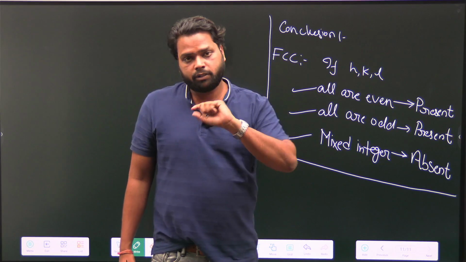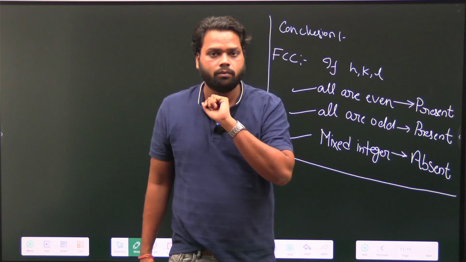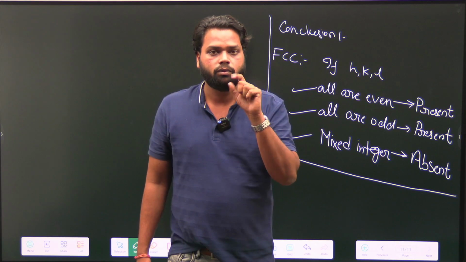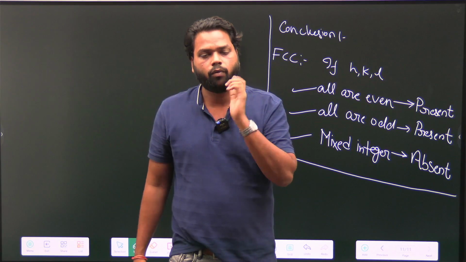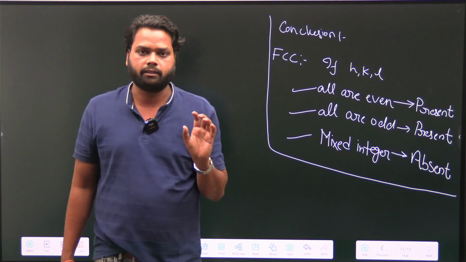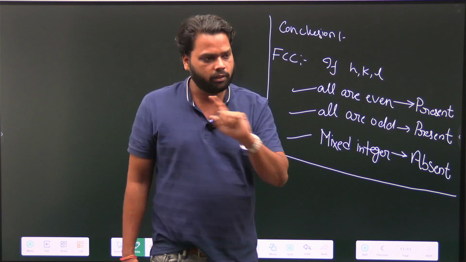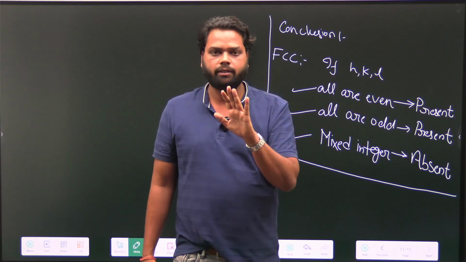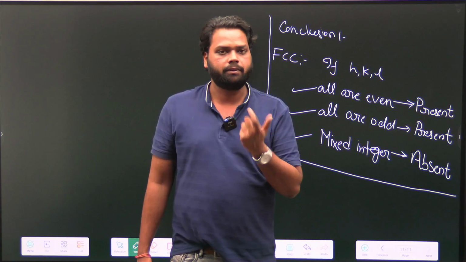If there is a mixed combination like 0, 1, 2 or 2, 3, 4, it should not be mixed. The h, k, l values should not be mixed. If even, all three should be even; if odd, all three should be odd. Right? Only in that case we will get the peak, otherwise the peak will not be present.